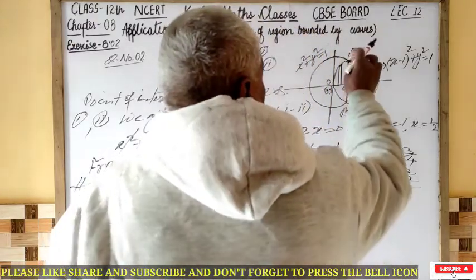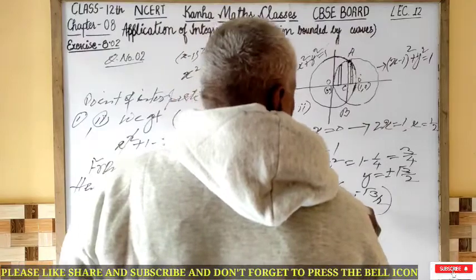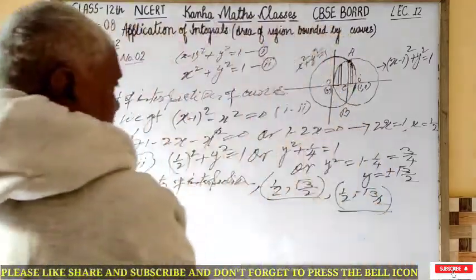This is the point A and this is the point B, points of intersection.